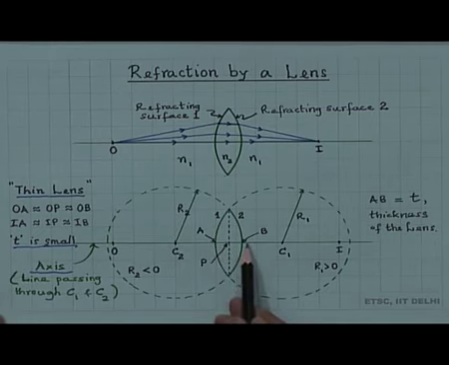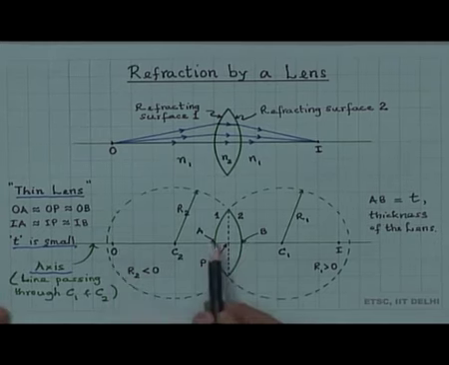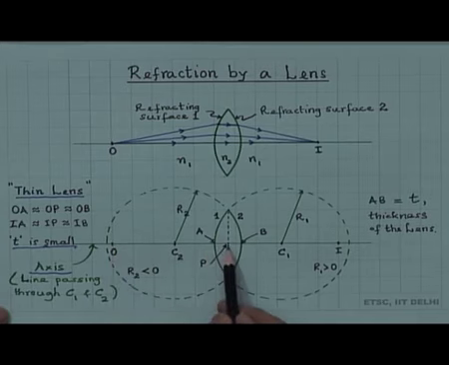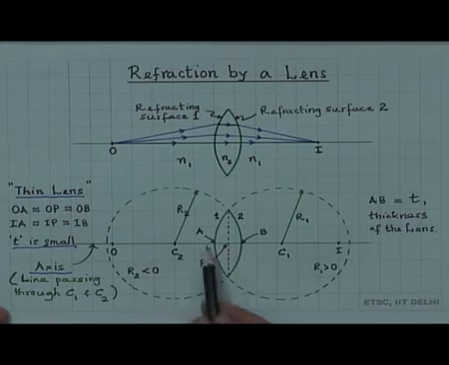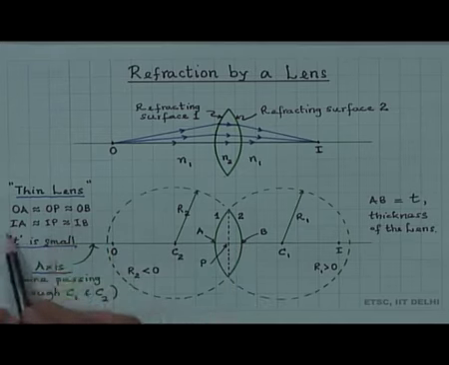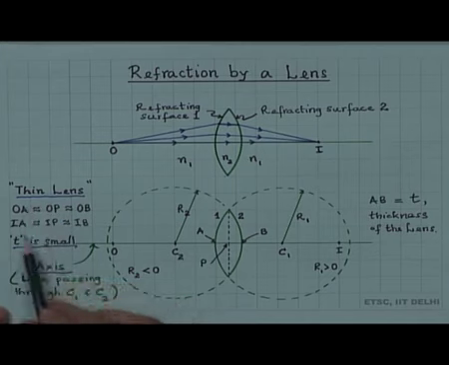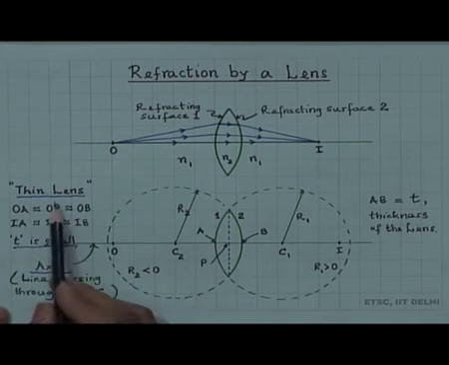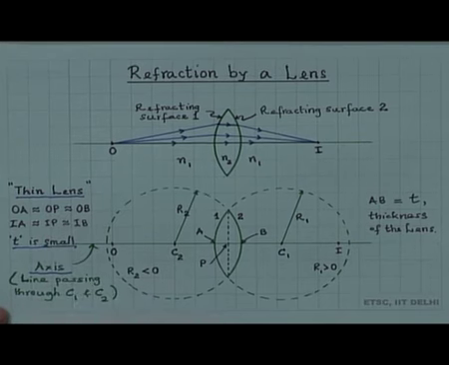Under this approximation, the distances OA is approximated to OP, provided this thickness is small, OA is nearly equal to OP, nearly equal to OB. So, this is an approximation which is followed in the case of thin lenses. That is why we are considering here thin lenses in this course.